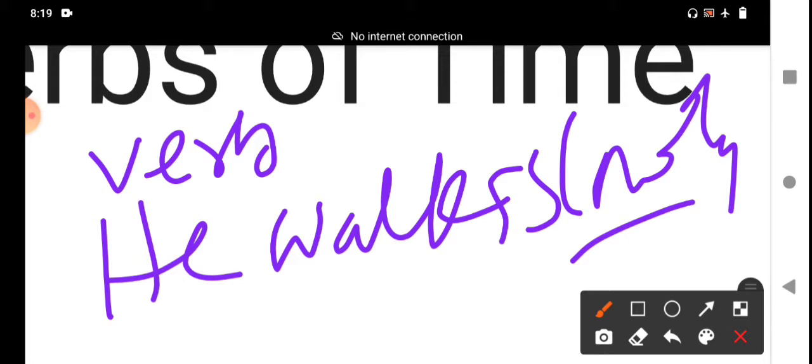How does he walk? Slowly. It describes, it modifies the verb. Slowly is the adverb.